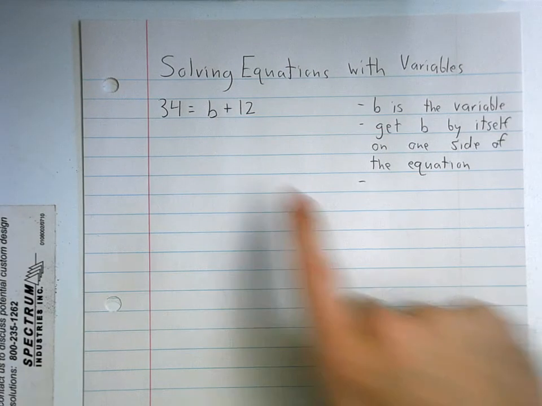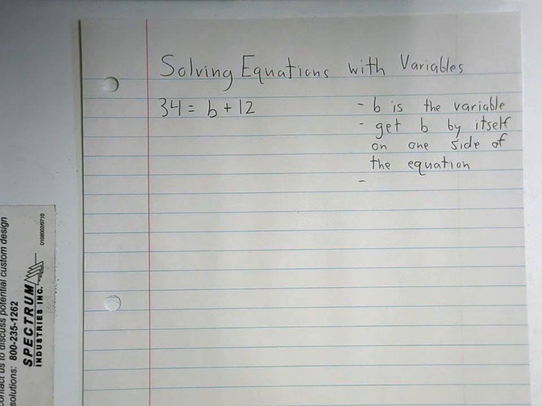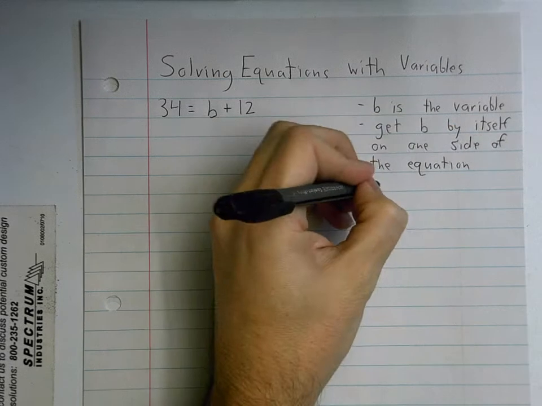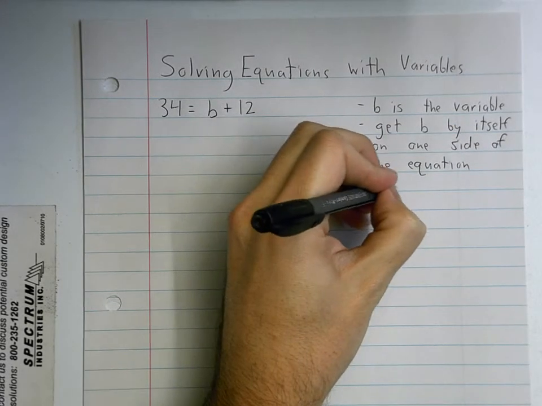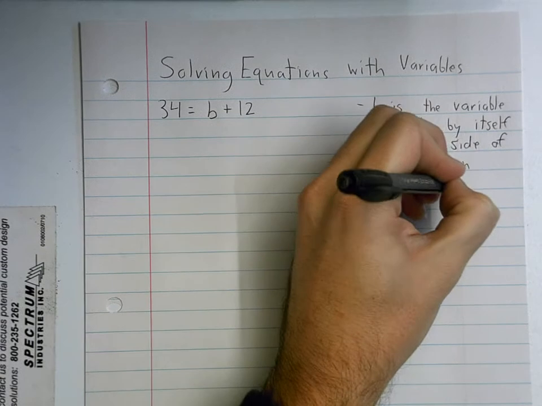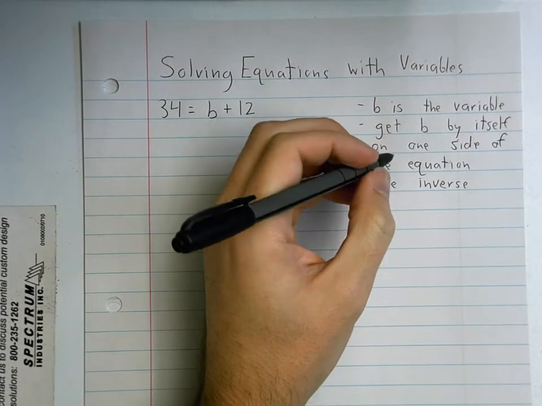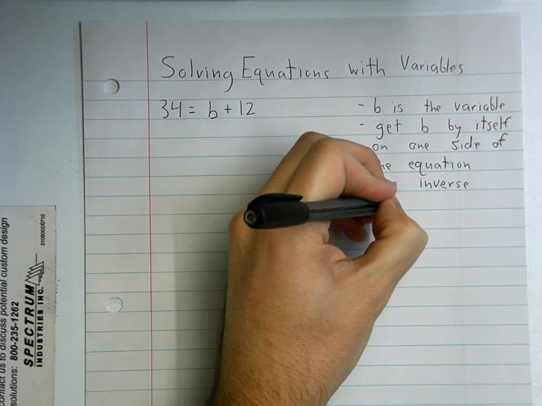And how do I get b by itself? I have to use these certain kinds of operations. What are they called? David? Yes, use inverse operations. Okay? Now, remember, inverse operations, it's easy to think of as the opposite operation.